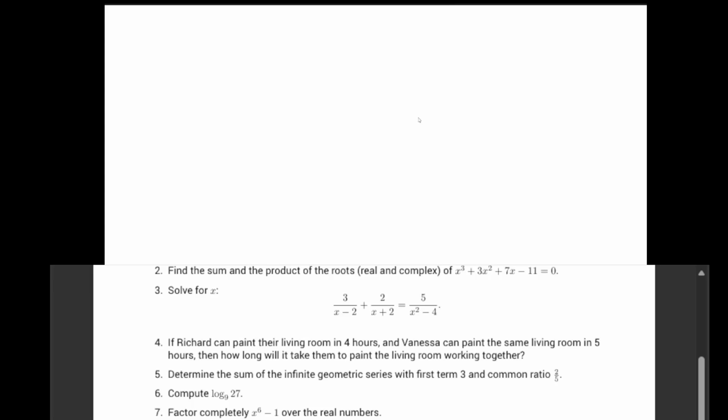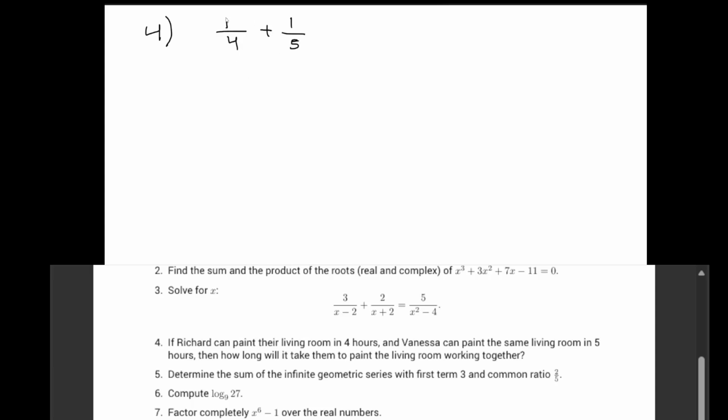Okay, so Richard can paint his room in 4 hours. I'm going to write 4 here because we're on problem 4. If Richard can paint his room in 4 hours, this will be a 1 over 4. And then Vanessa would be a 1 over 5. This is just how work problems work.